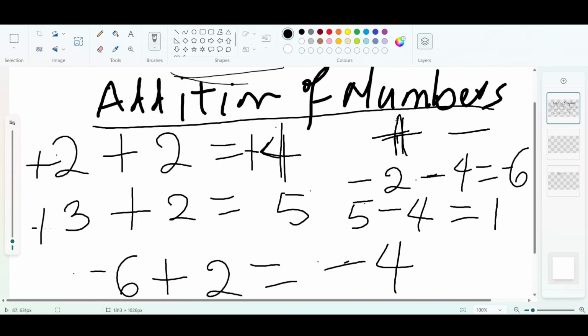Also, if a sign is not written before the first number written there, it shows that the sign it has is positive. But that sign is optionally omitted. It's omitted because it's the first number that is there. But the moment we are writing the second number, then its sign must show.